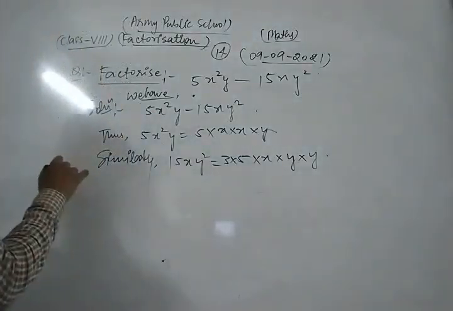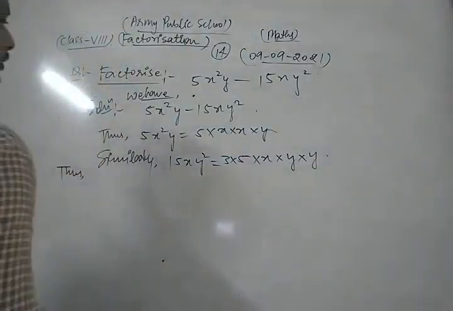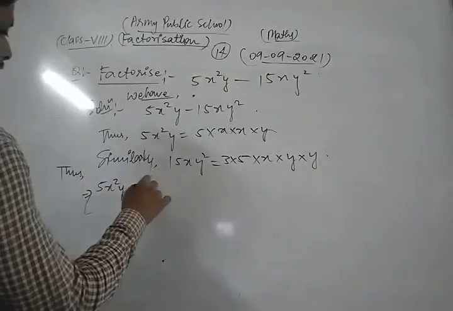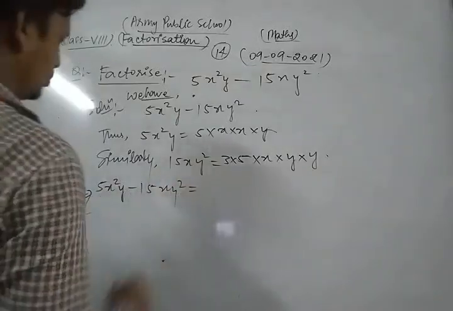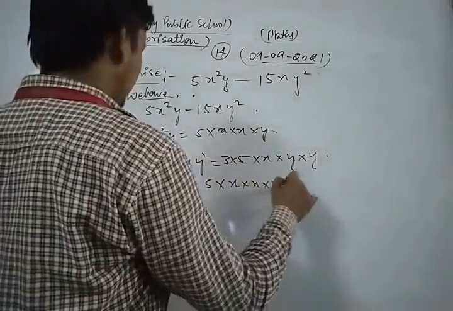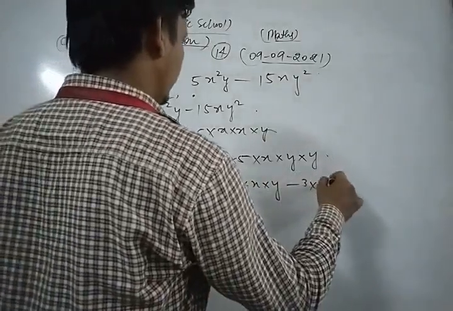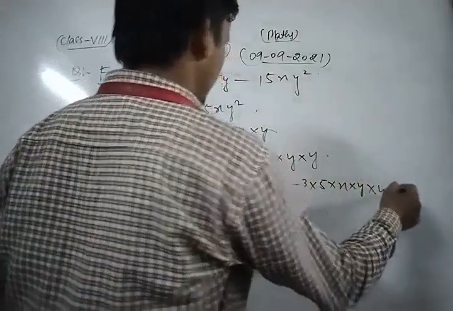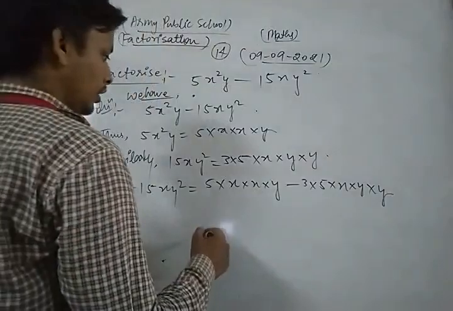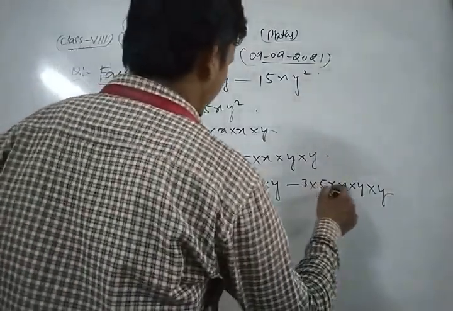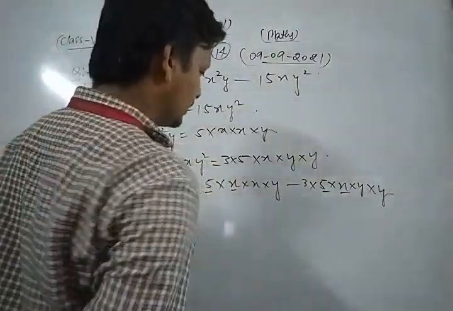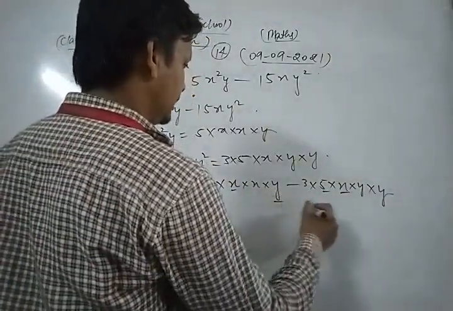Thus, by expressions, the value of 5x square y minus 15xy square is equal to 5 into x into x into y minus 3 into 5 into x into y into y. Now look, what are the common factors here? 5 is common here, x is also a common factor, and y is also a common factor.